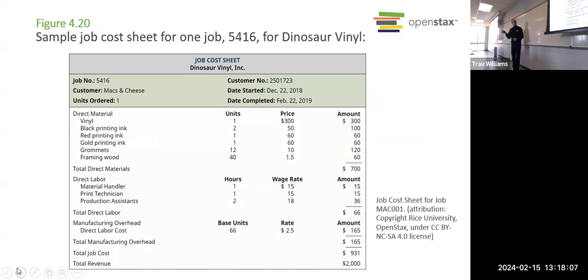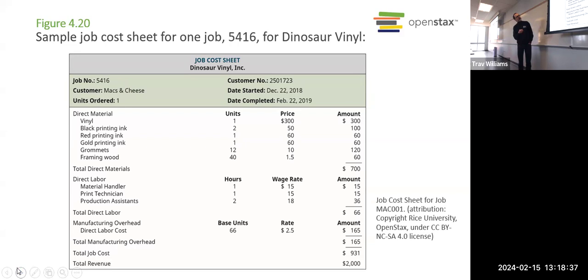This is something that might be used on the production floor where they're actually using this to help keep track as things go along. So we see a job number for this particular job. Who's the customer that we're making this for? They ordered 1 unit, their customer number, when we started it, when we finished it. All that information's on there.